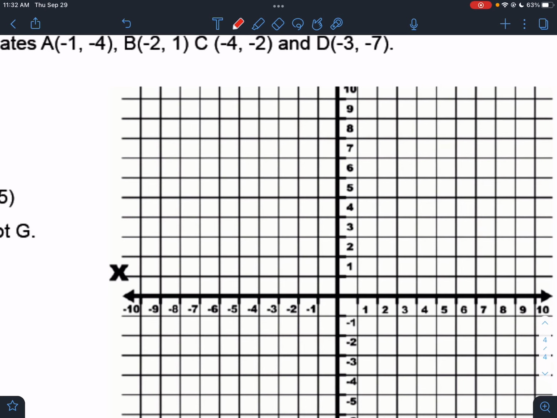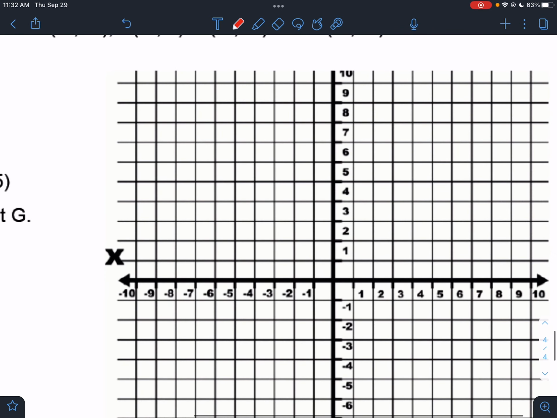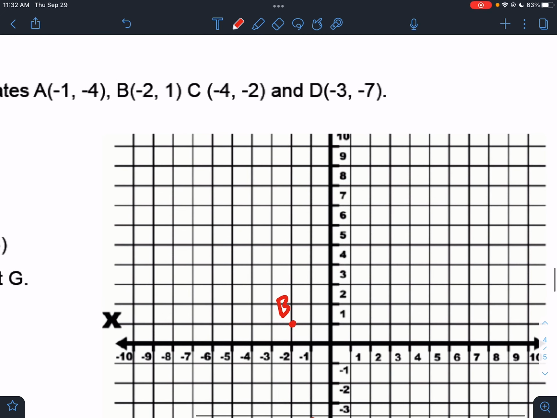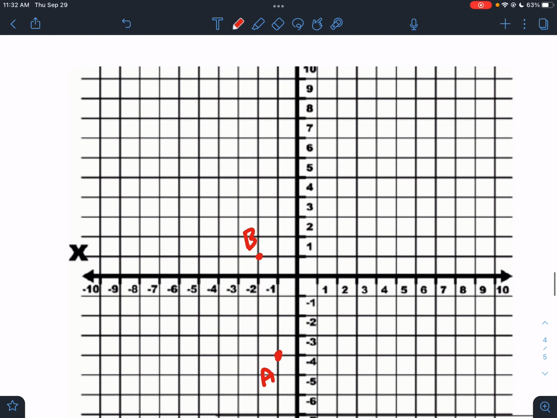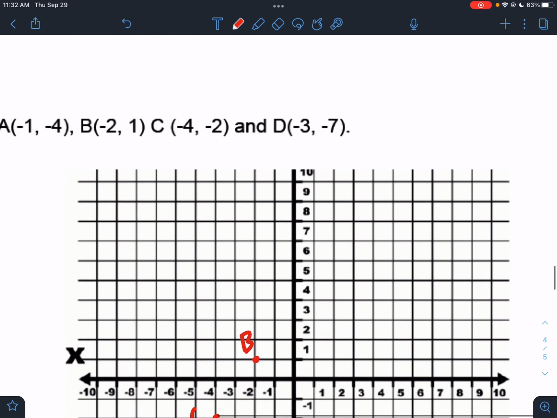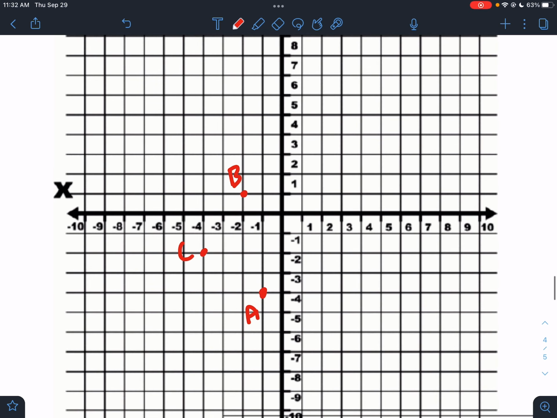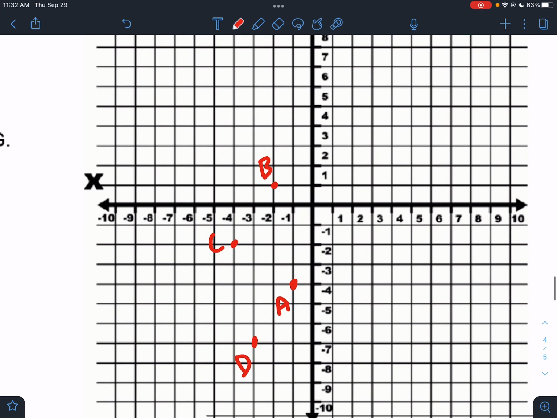So I'm going to get my points on here. (-1, -4). That's A. (-2, 1), B. So that's almost vertical. (-4, -2), C. And (-3, -7), that's D. Okay.